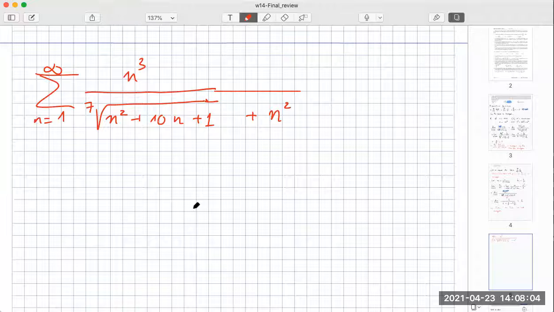That is why let us do it in our head and see the biggest one, the highest order. What is the highest order of the numerator? n cubed, right? And what is the highest order of the denominator?